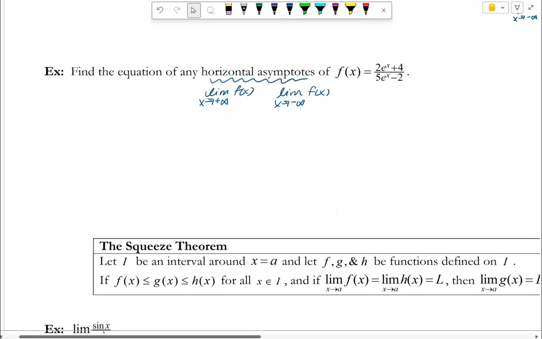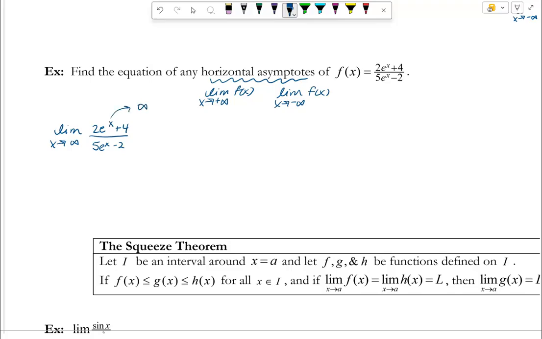So if we evaluate the limit as x approaches positive infinity of (2e^x + 4) over (5e^x - 2), as I plug in an infinitely large number, the top is blowing up. That's getting huge because it's an exponential plus 4. The denominator is also growing, and that's getting huge.